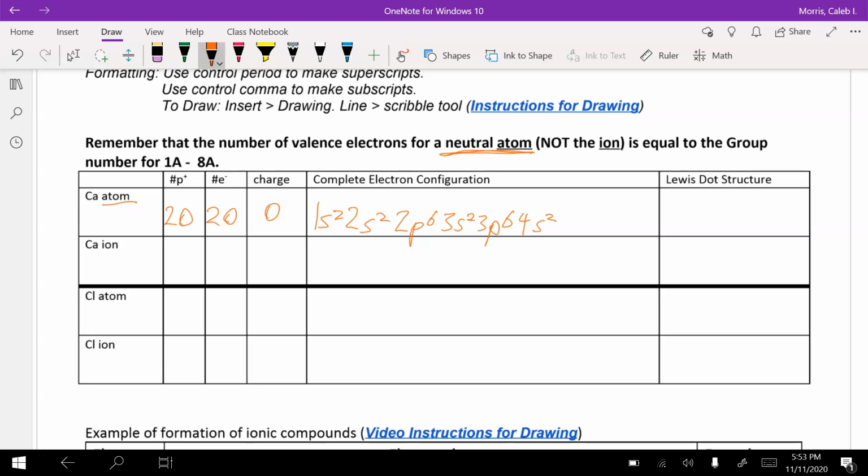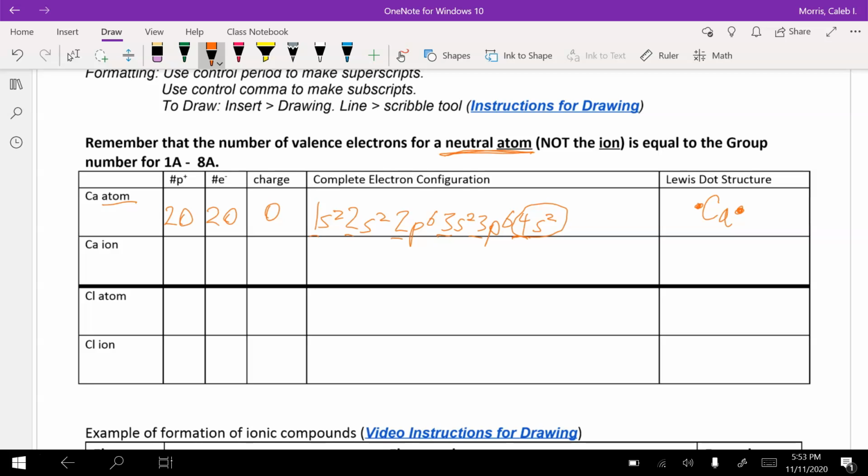You remember there's a few ways of doing this. One way is to find the highest energy level. The energy levels I see are 1, 2, 2, 3, 3, and 4. 4 is my highest energy level, so circle that. How many electrons do I have in the 4th energy level? I only have 2. So I'm going to write Ca with 2 dots. It doesn't really matter where you draw the dots, but we're going to have 2 dots.